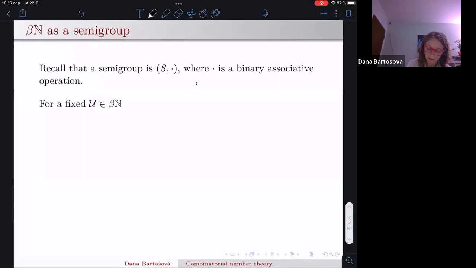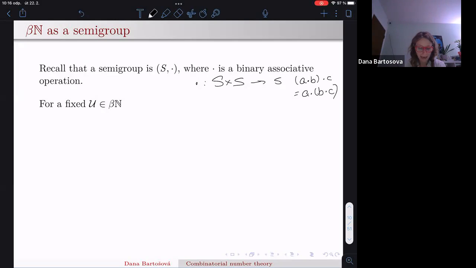So how we think about dot, this is a function from S cross S to S. And to recall what associativity means, it means that if I multiply (a·b) first with some c, then this is the same thing as multiplying a with the product of b with c. I don't necessarily have commutativity, right? So the order matters, but where I put the parentheses does not matter. Nevertheless, in natural numbers, of course, the order doesn't matter either.